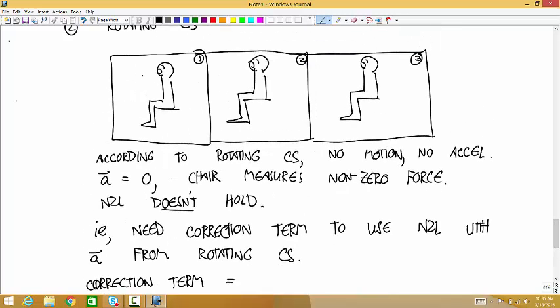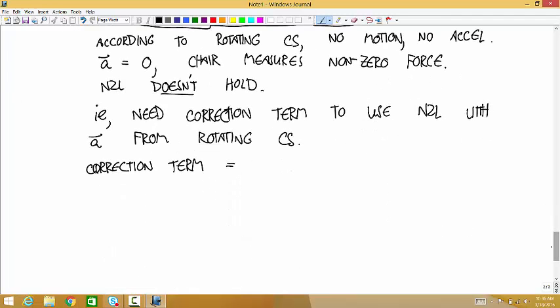A better way to think of it is to think of the acceleration being the velocity dot, okay? When you measure this acceleration equal to 0, what you're measuring is vx dot, vy dot, vz dot. The correction term you need to add is this, this, and this.